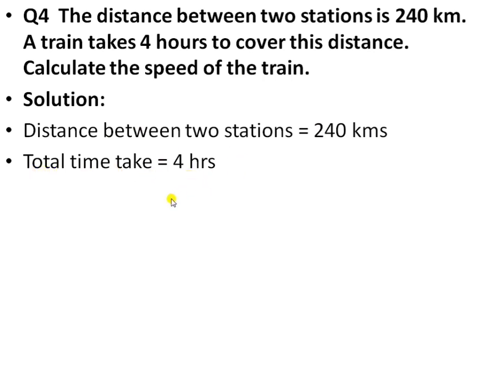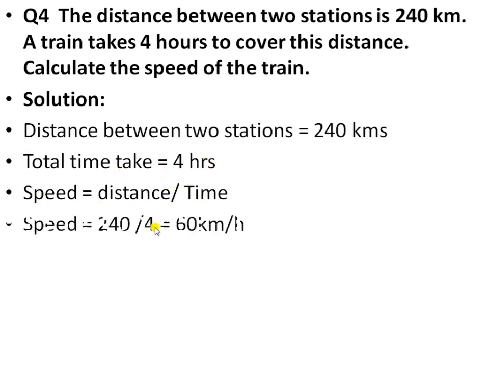The formula of speed is distance divided by time. So speed is equal to 240 divided by 4. So the answer is 60 kilometer per hour.